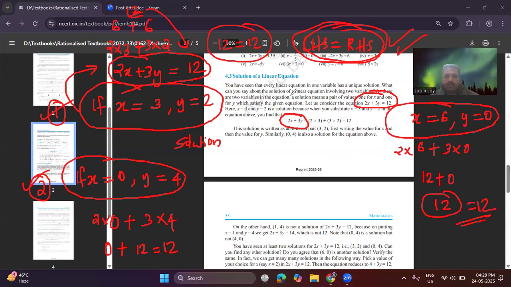So what is the meaning of this? A linear equation in two variables has more than one solution. That means infinite number of solutions.